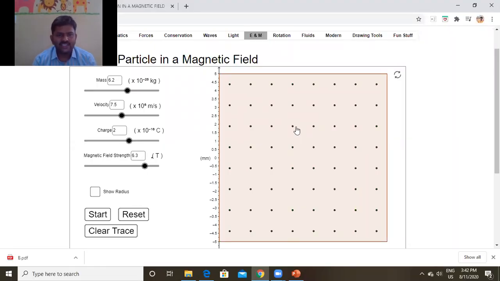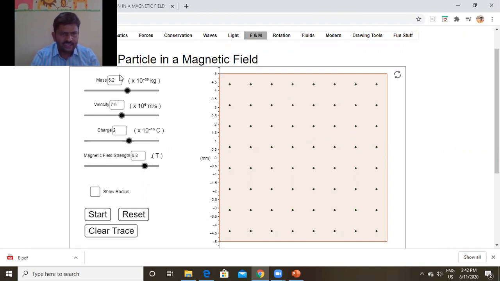Okay, this is a simulation to show the motion of a charged particle in a magnetic field. It is not giving the calculation of force, but it is a simulation to show the force on the charged particle. Let us see what happens.